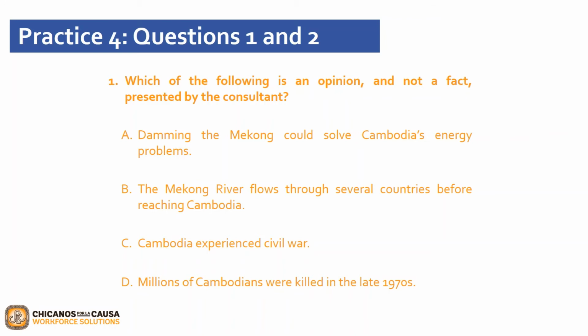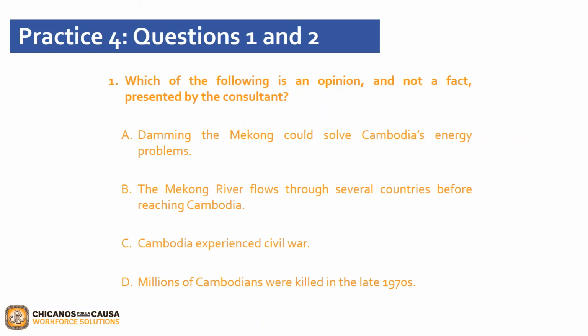Question 1 asks, which of the following is an opinion and not a fact presented by the consultant? Let's read our options. Option A, damming the Mekong could solve Cambodia's energy problems. B, the Mekong River flows through several countries before reaching Cambodia. C, Cambodia experienced civil war.